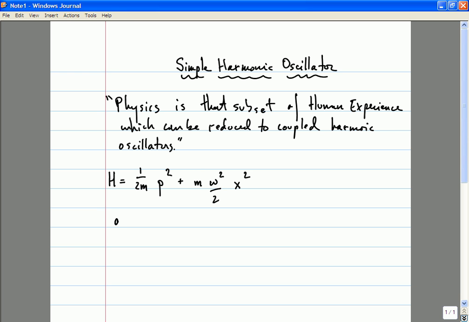And the way that we typically solve this system in quantum mechanics, well, there are a variety of ways. For example, one could just write down Schrödinger's equation and solve it. It's actually not too hard in this case.